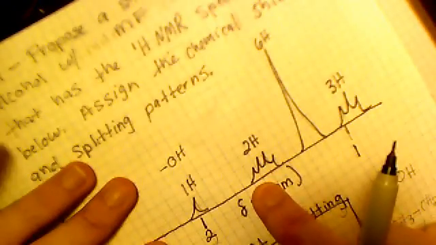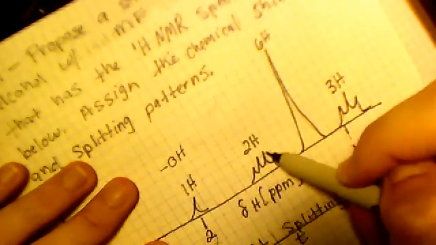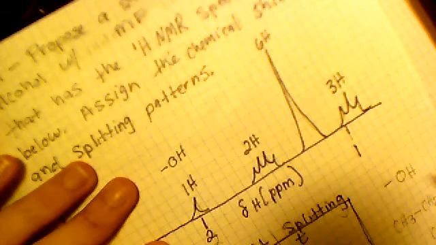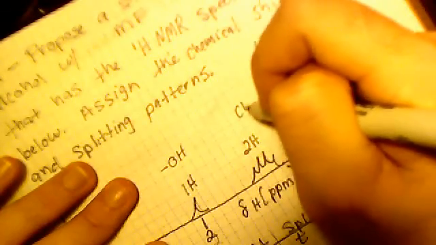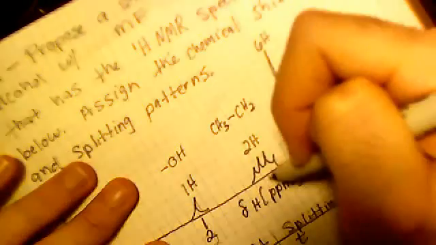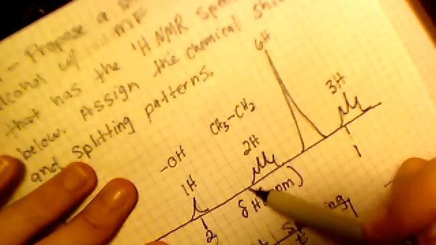These two hydrogens right here are next to 3 H's, which are heterotopic, which means they're not the same as them. So I wrote there must be a CH2, and right next door there's a CH3 to make that quadruple peak.